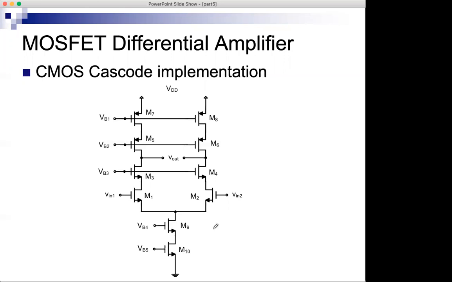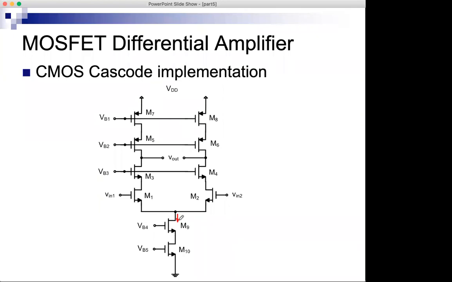One of the benefits was that if you cascode two MOSFETs like this, and you're looking into the drain of M5, you see a very large output resistance. And therefore, in DC, we will have a fixed current because I have DC voltages here. So I will have a fixed, DC current flowing. This is the bias current, ISS, that I need.